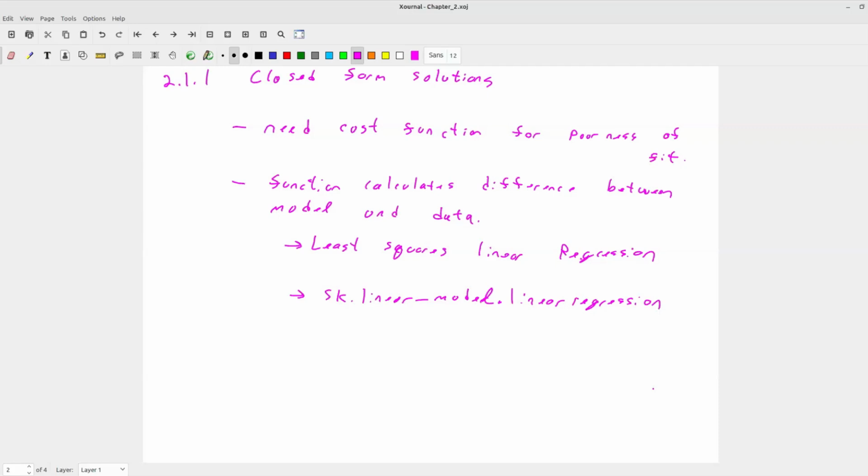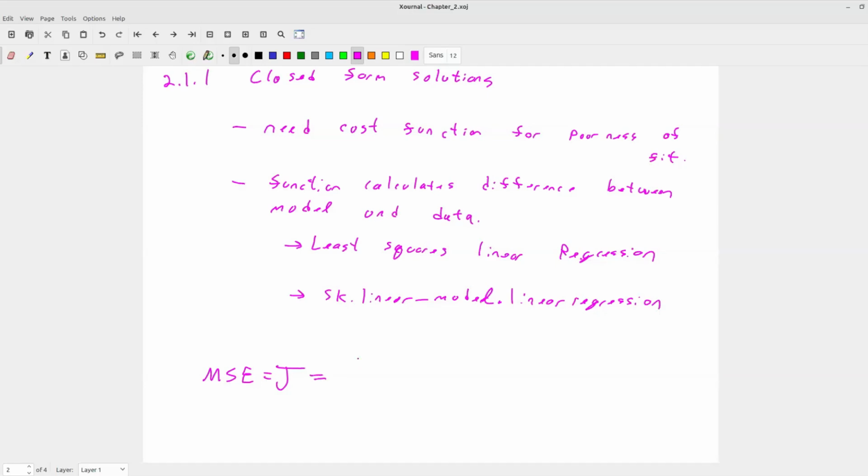So in the context of the Ames dataset, a straightforward cost function is MSE. So we can say mean squared error, and we're going to call that J, because in machine learning we often call our cost function J. We're trying to minimize J, right?